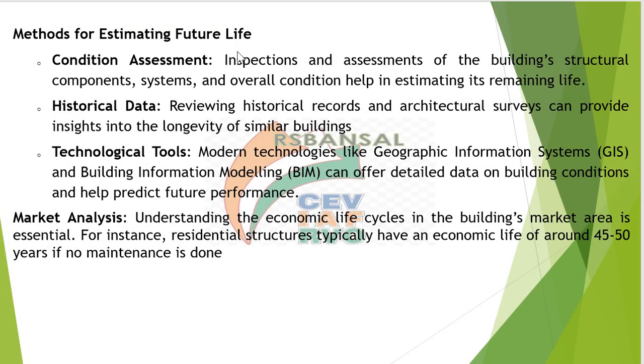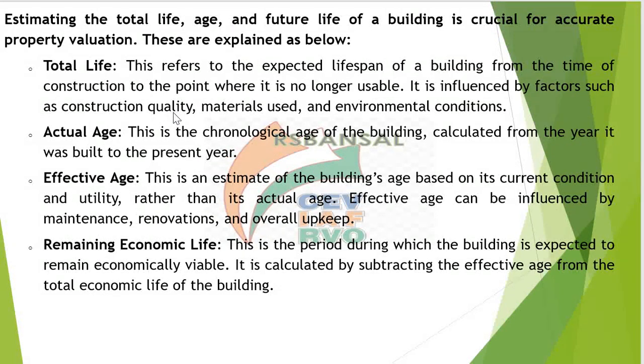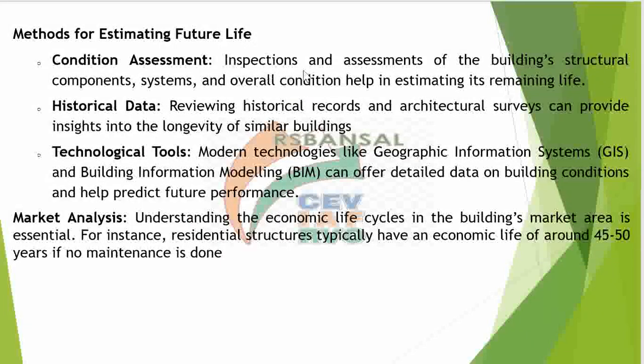Methods of estimating future life. The first thing is condition assessment. From the condition you can assess the effective age of the building. Inspections and assessment of the building's structural components, systems and overall condition help in estimating the remaining life. Then historical data: review of historical records and architectural surveys can provide insight into the longevity of similar buildings.